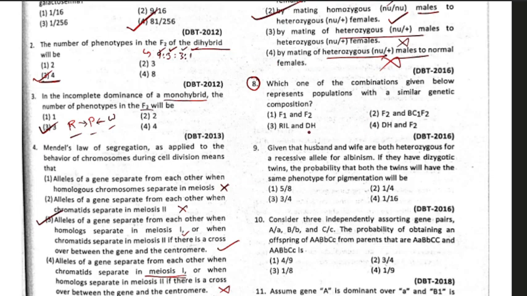But as I have researched this question, DH is double haploid, and there is no chance of having similar genetic composition in the F2, that is filial 2.